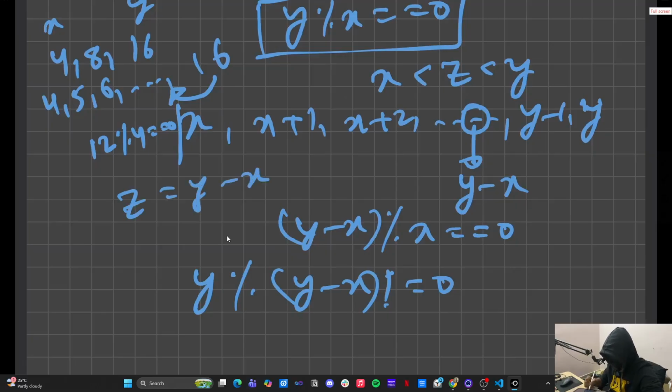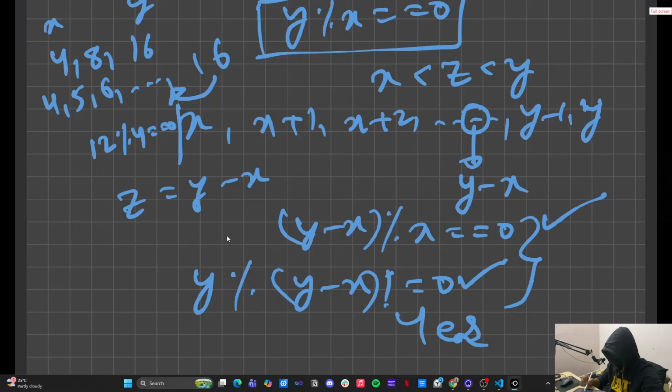If you find these two conditions to be holding good, since you are moving in the range x to y, the first condition is already holding good. Second you will be checking, third you will be checking. If all three conditions are good, then you will print yes, else you will print no. So basically you have moved x distance backward, you have found y minus x.